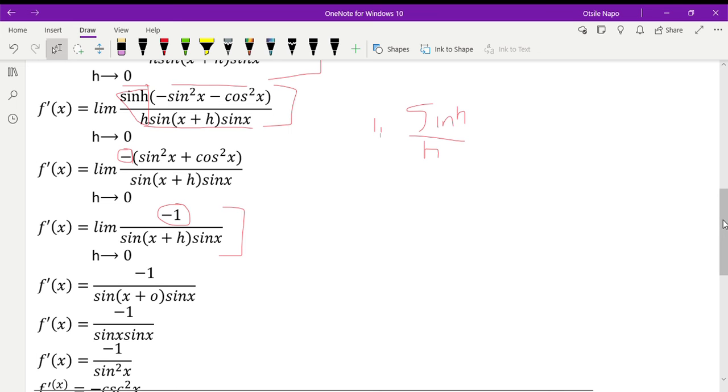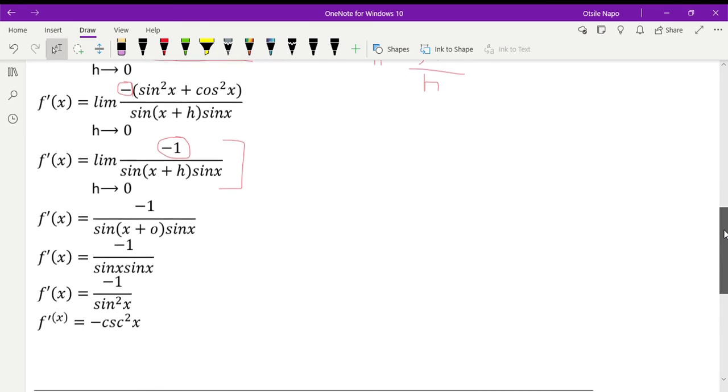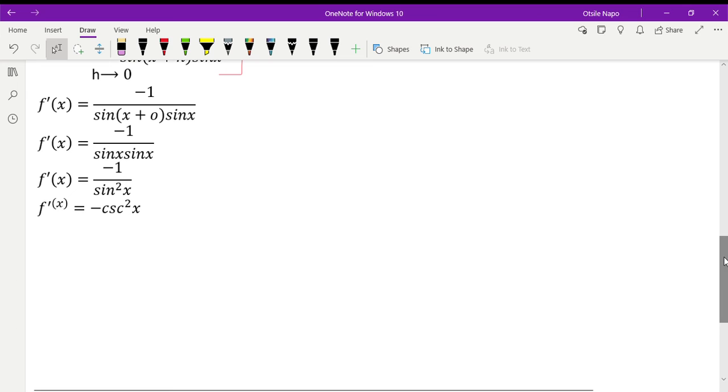We are almost done. Therefore, we substitute. Note that when we substitute, we remove the limit as h approaches 0, because now we are substituting 0 in the place of h.